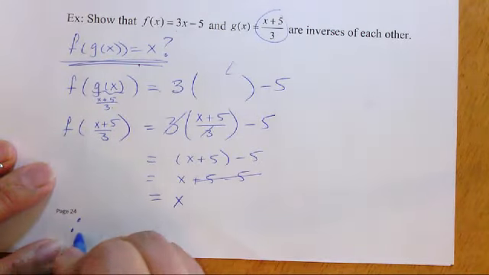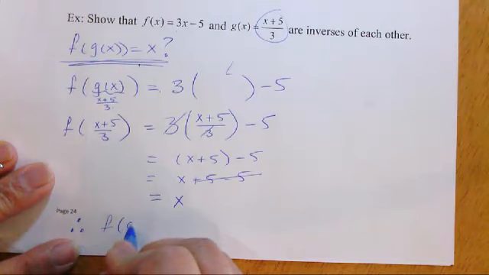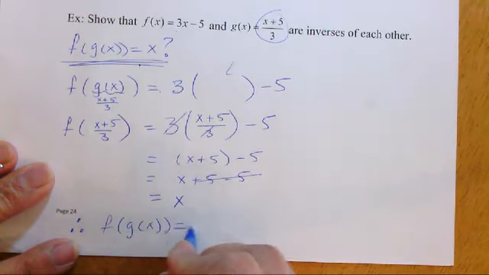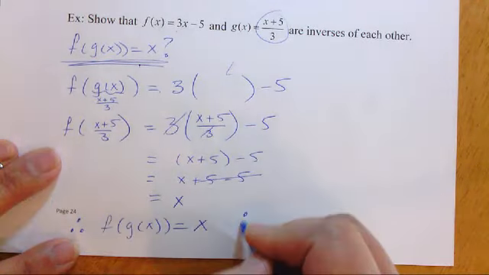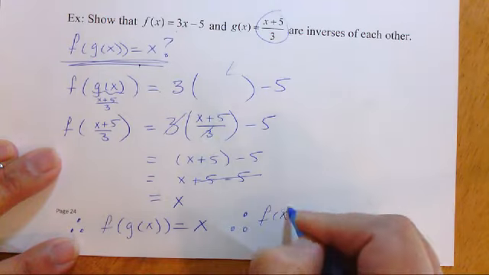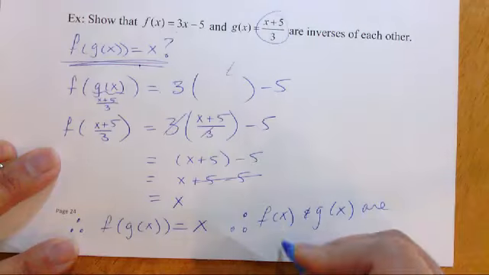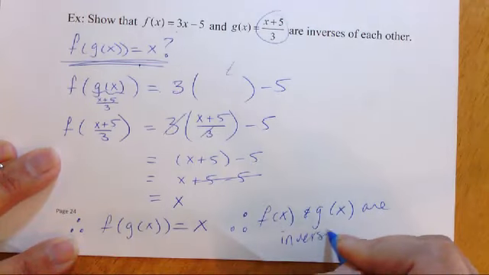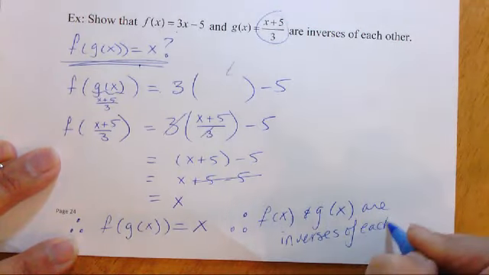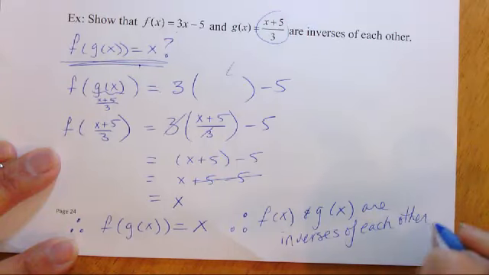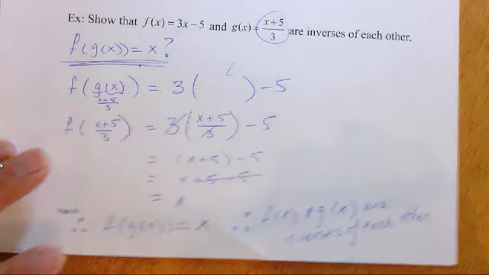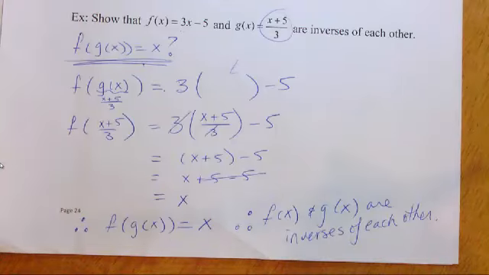So since f of g of x is equal to x, f of x and g of x are inverses of each other.